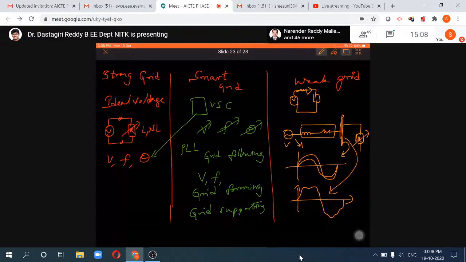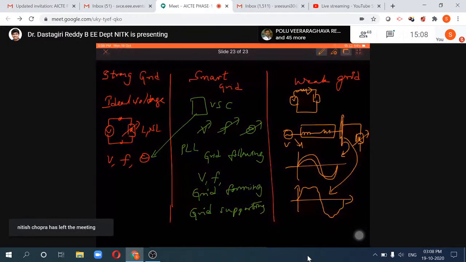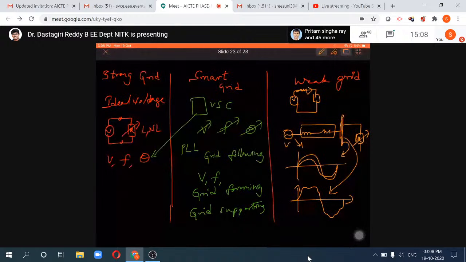Now, in theory, like in simulations, in most of the papers, you see that you consider a strong grid and try to connect the PV panel to the grid, but you will never consider connecting a PV panel to a weak grid. If you're thinking about PV integration to the grid, I suggest going with the interaction of a smart grid to a weak grid. A voltage source converter connected to a strong grid is quite straightforward.